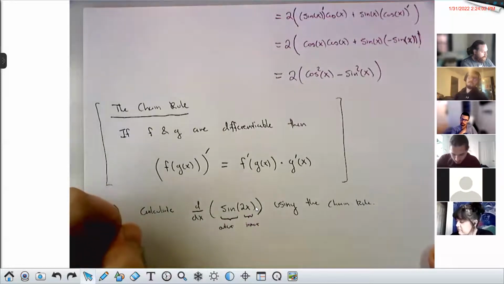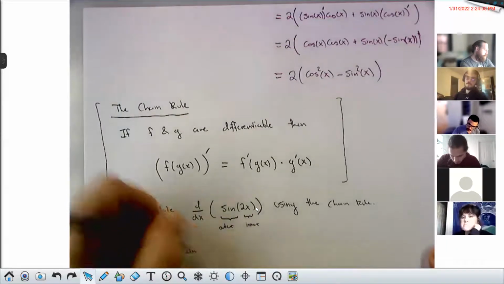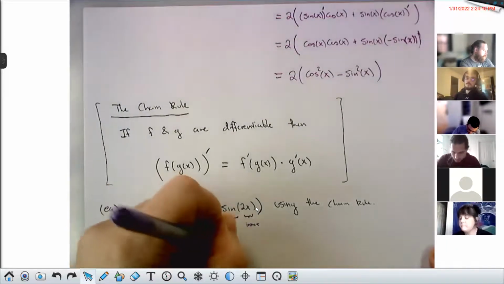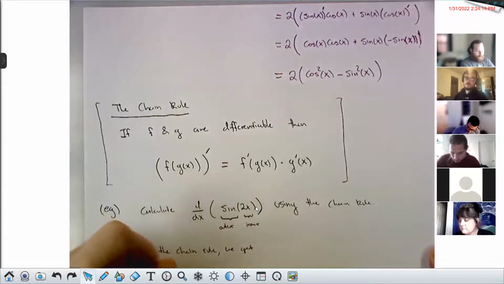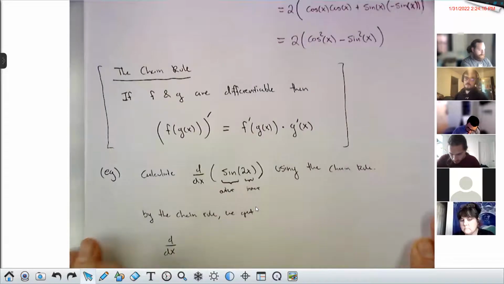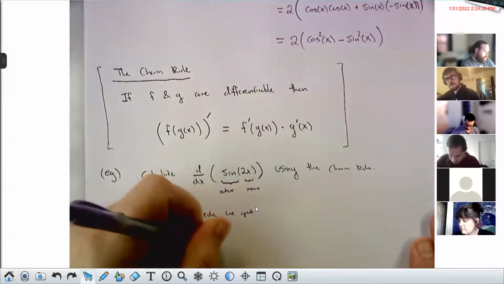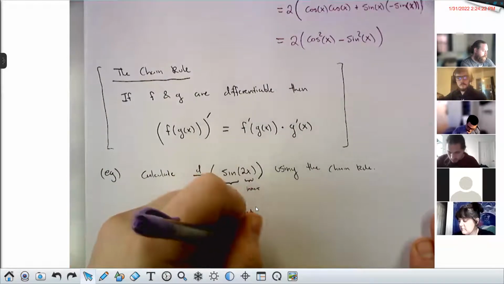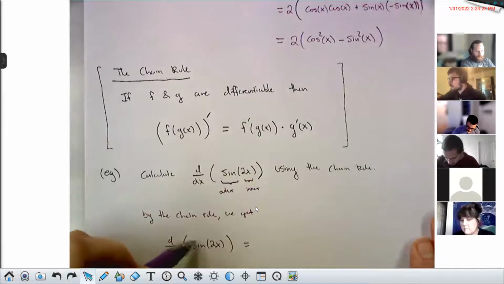So here, by the chain rule, we get that the derivative d/dx of sine of 2x should be the derivative of the outer function with the inside left alone.